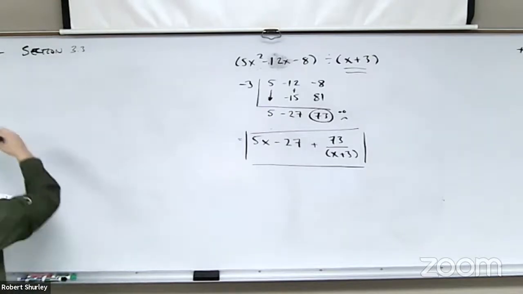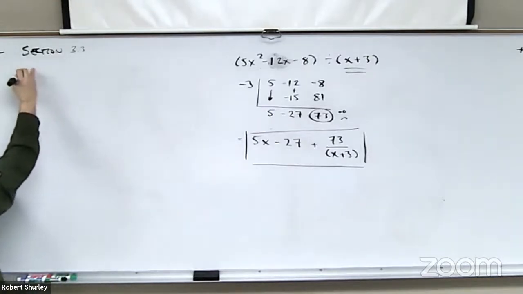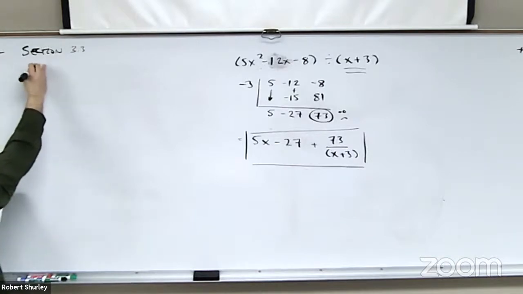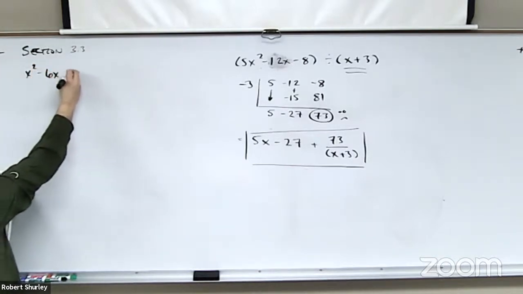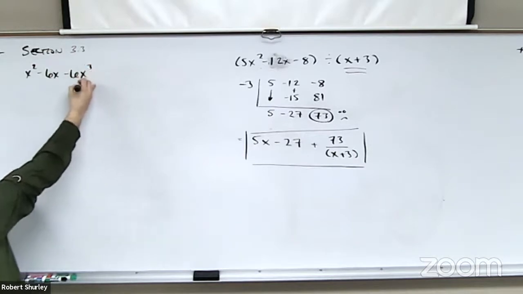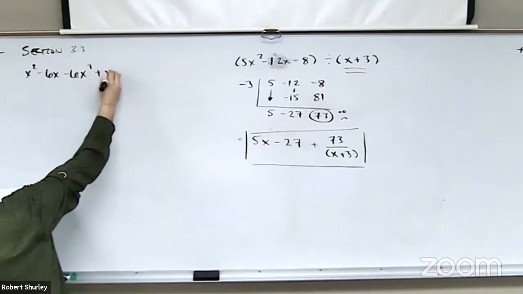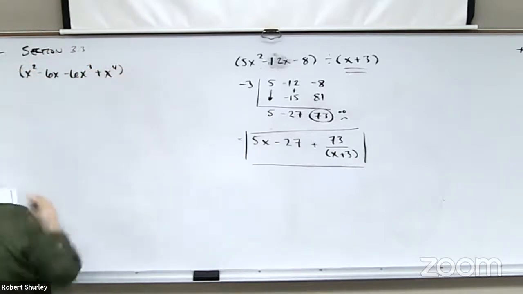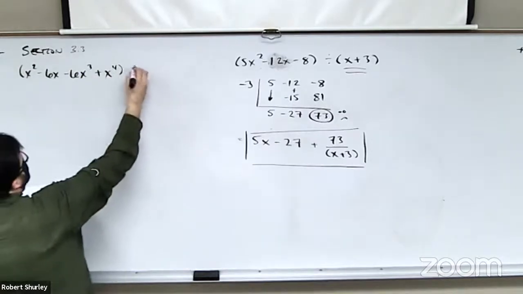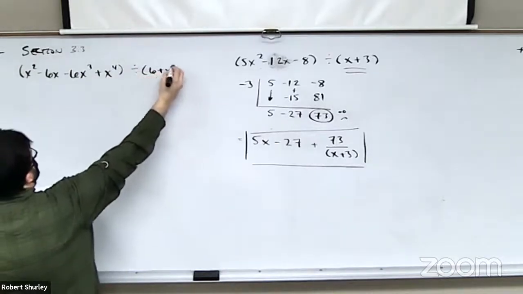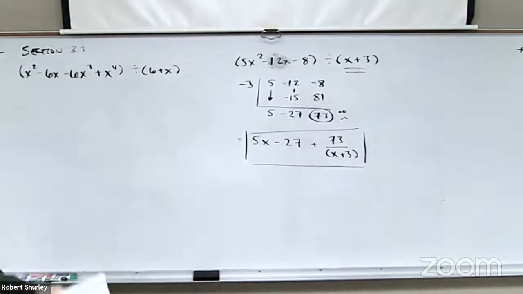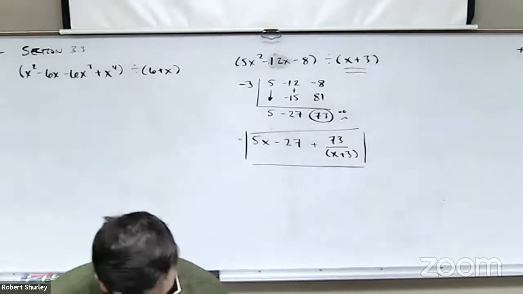Let's look at 26, same page, 374, number 26. x squared minus 6x minus 6x cubed plus x to the 4th, divided by 6 plus x. We have to clean this one up a lot before we can divide.